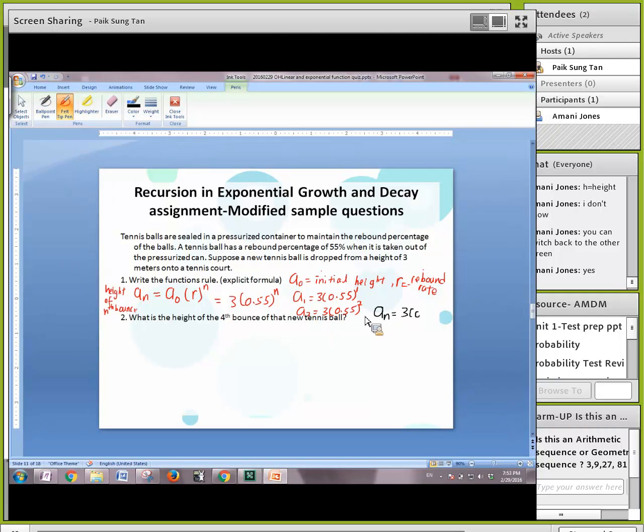So we have this as our formula. Next, what is the height of the fourth bounce of the new tennis ball? Now it's easy. We did the hard job. You just plug it in. You can calculate that.